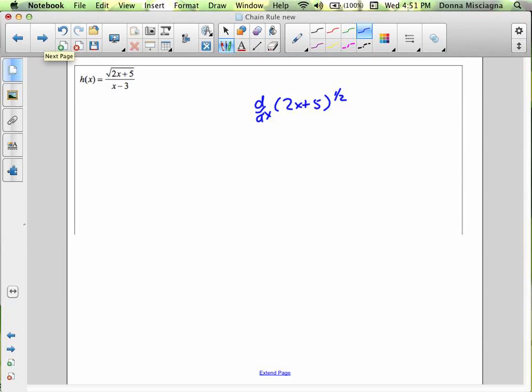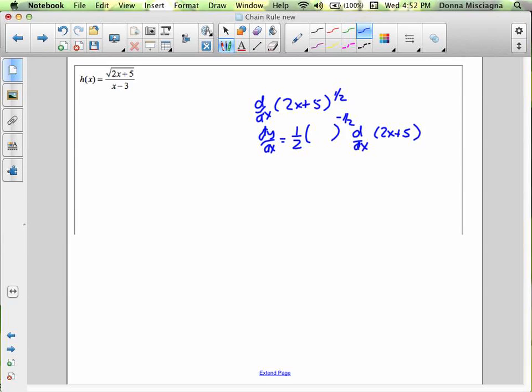So that's going to be 1/2 blop to the negative 1/2 times the derivative of blop. And the derivative of blop is, we're taking the derivative of the 2x plus 5.